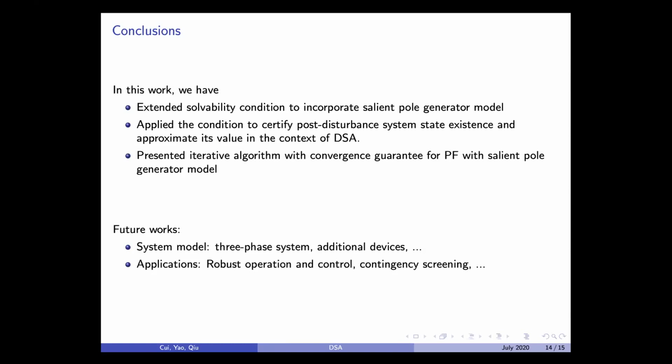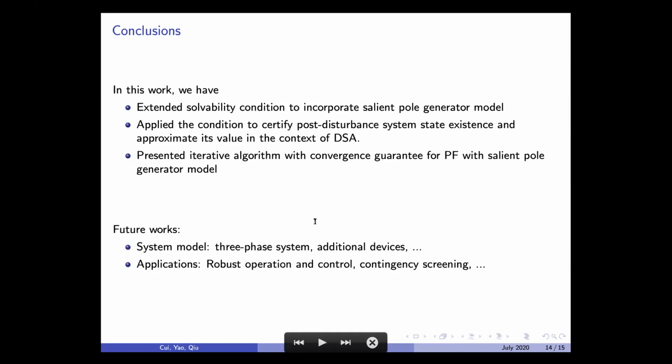We have also presented that an iterative algorithm can be used to guarantee the finding of the unique post-disturbance state with this model. And some future work includes extending our work to more generic system models, which can incorporate a three-phase system and additional devices.